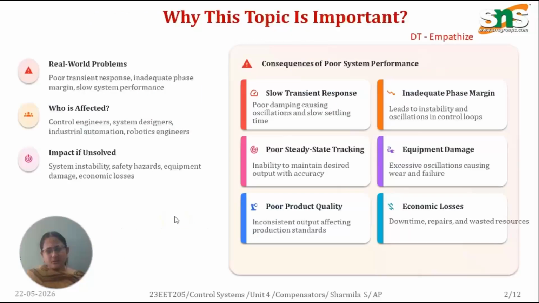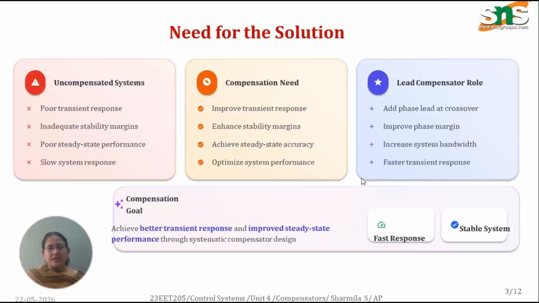In practical control systems, engineers often face problems such as slow system response, oscillations, poor stability, and inaccurate output tracking. These issues affect industries such as robotics, industrial automation, aerospace, and motor control applications.